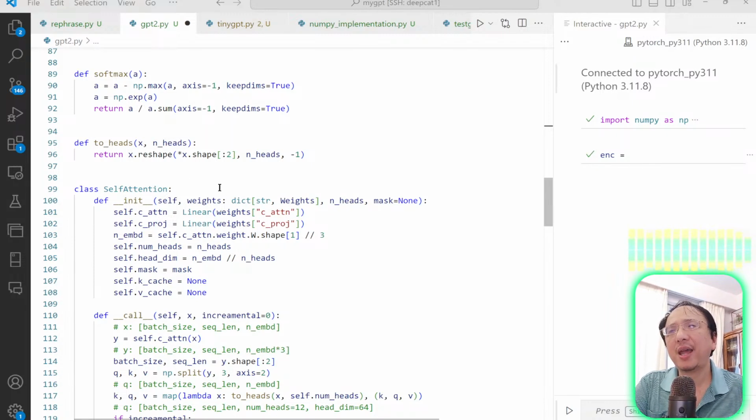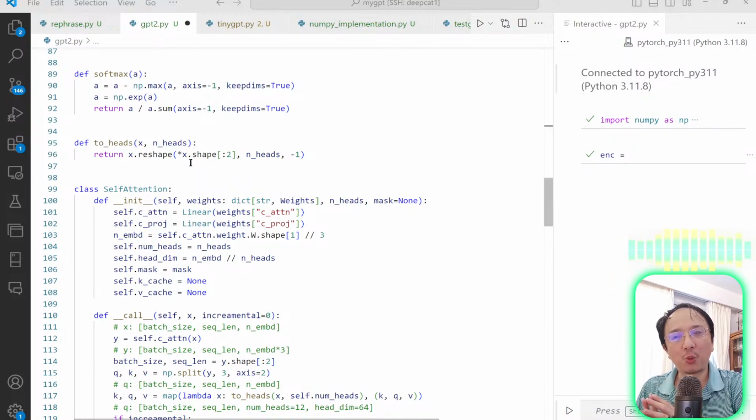Okay, and this is a utility function, two heads, because we have n heads and we implement multi-head attention. So this operation is used a lot, because when we do linear projections, we probably do them at once.